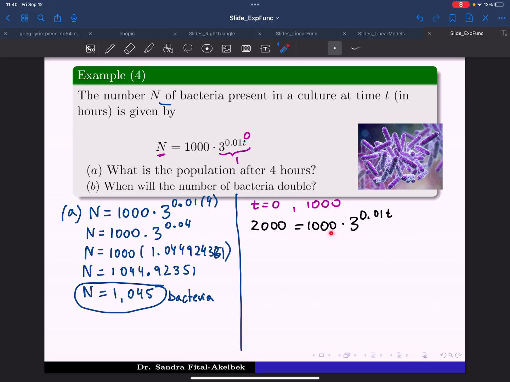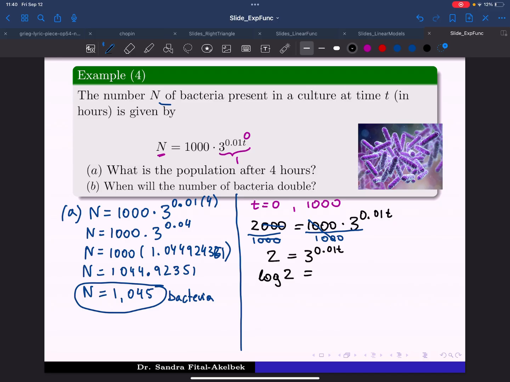So first we get rid of this 1000. We divide both sides by 1000. This cancels out, and the left side reduces to just 2. So we have 2 equals 3 to the power 0.01t. Then we can take log of both sides.